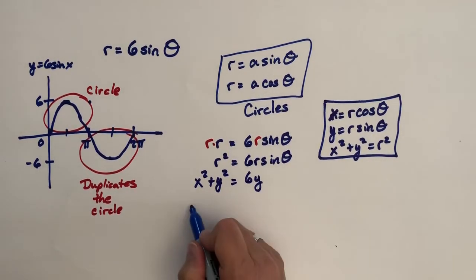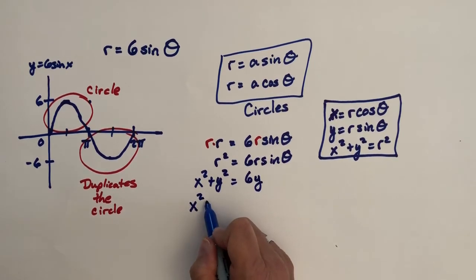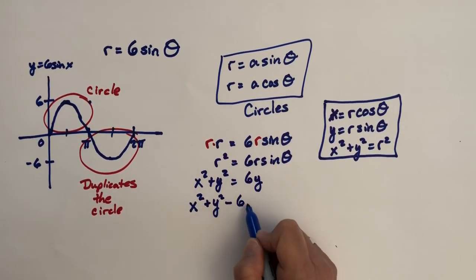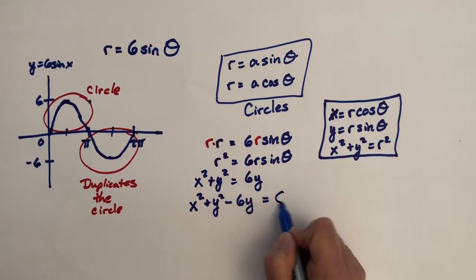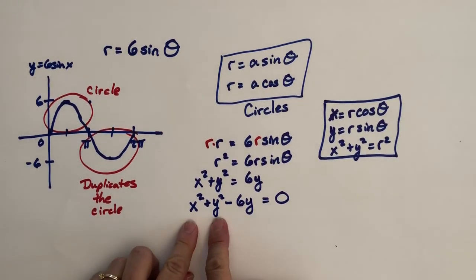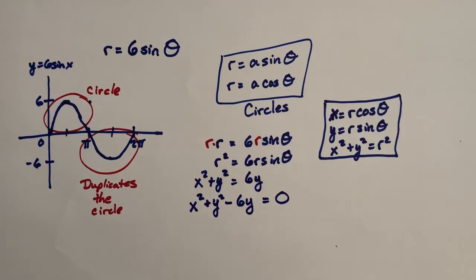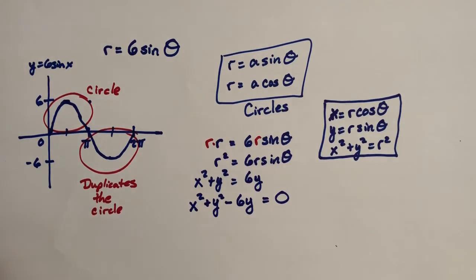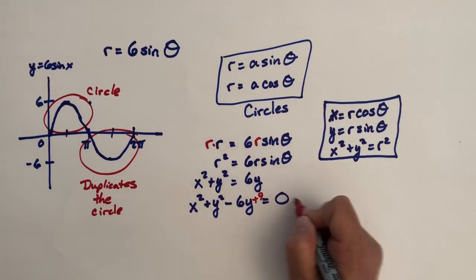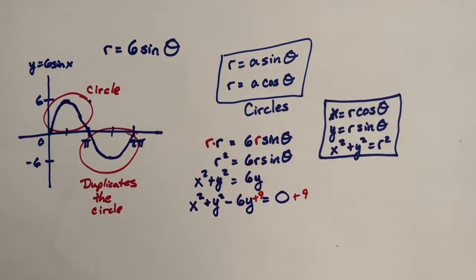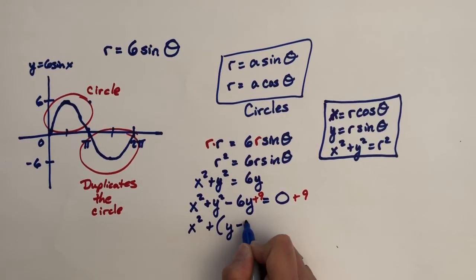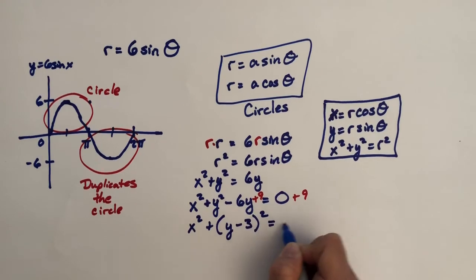So if we set that equal to 0, we would have x squared plus y squared minus 6y equals 0. I hope you can recognize this as the equation of a circle. Let's just do a tad bit more. Let's complete the square by adding 9 to both sides. So we'd have x squared plus (y minus 3) squared equals 9.